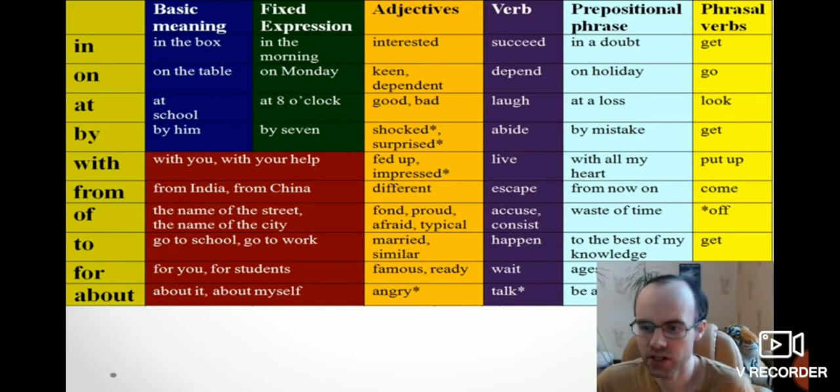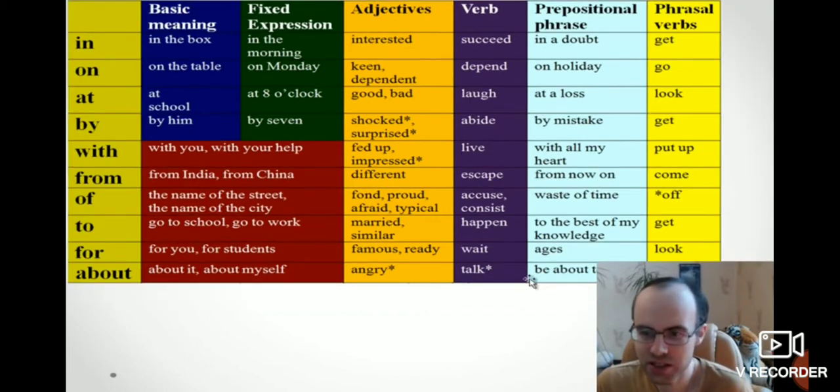Okay, good. For ages. And next, maybe you will see it better here. Be about to. Sometimes you need to pay attention to grammar too. There are some phrases when you need a certain preposition, like be about to. It means it will happen soon.